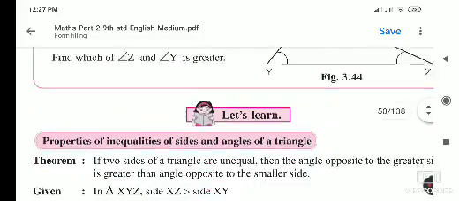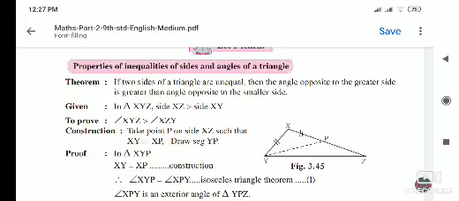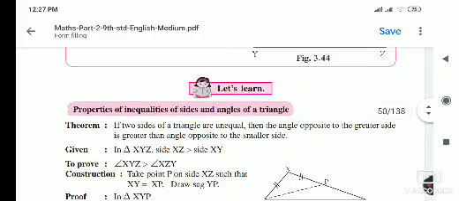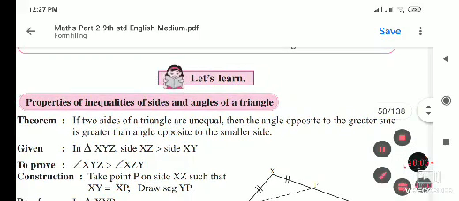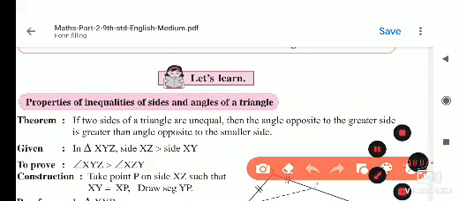From this activity, the statement that angle Y is greater than angle Z is the theorem we are going to study, after understanding this activity.